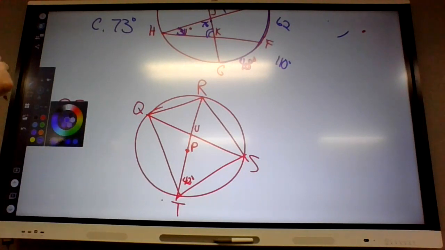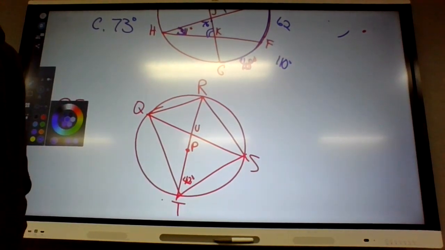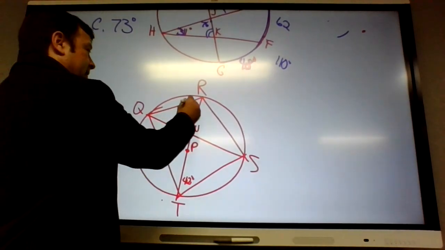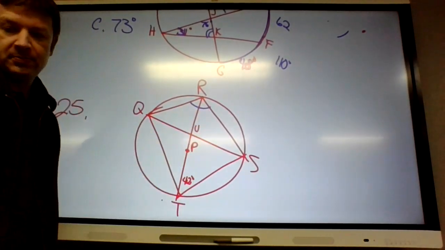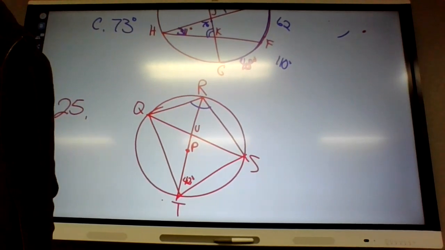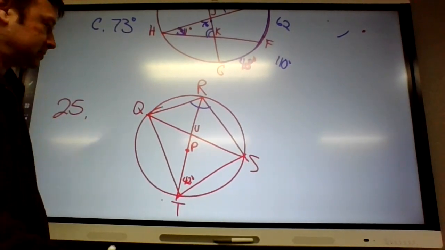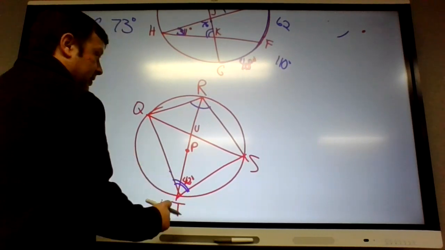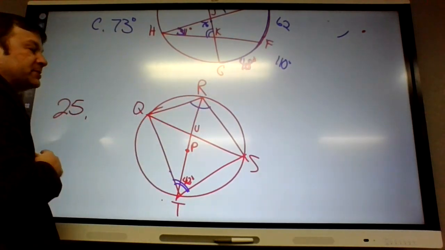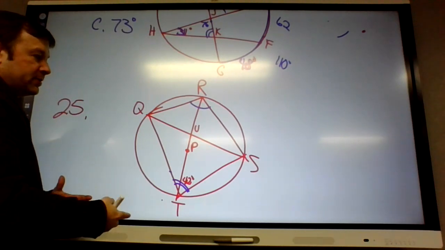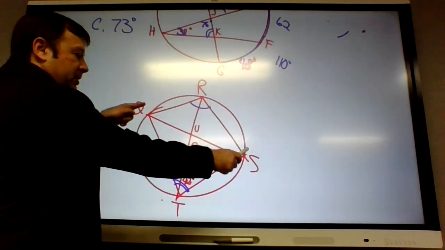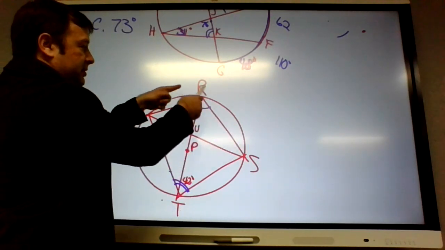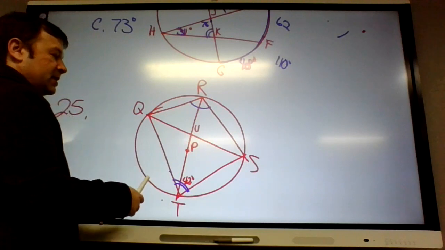Okay, we're ready to go. Angle QRS, so this guy, plus angle QTS, this guy. The whole thing. When you have an inscribed quadrilateral, like this angle up here hits the bottom, this angle right here hits the top, and together they hit everything.